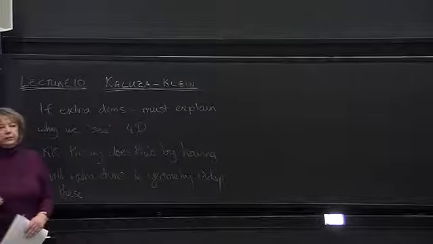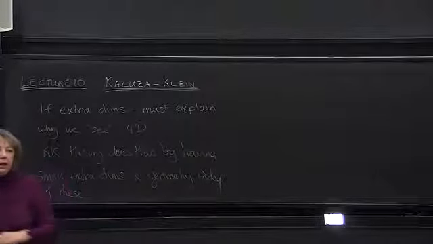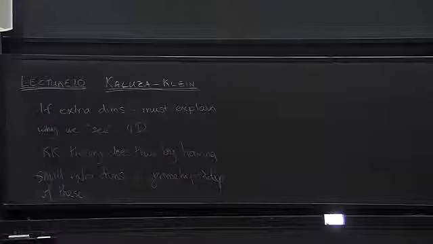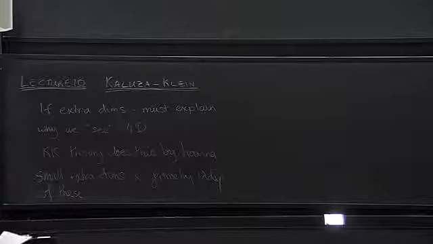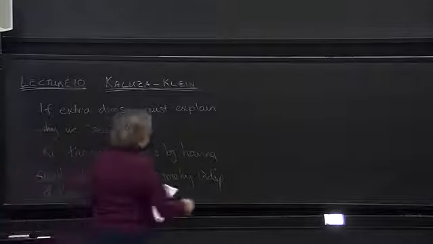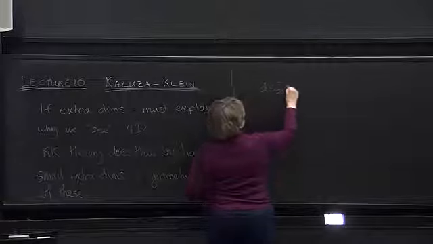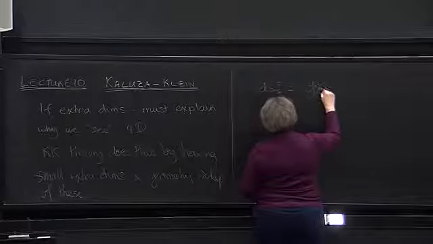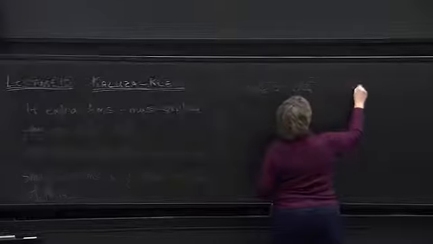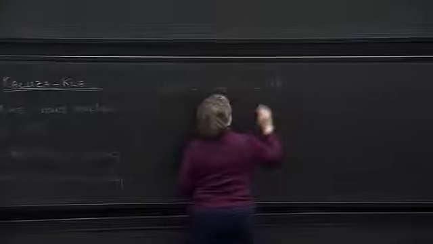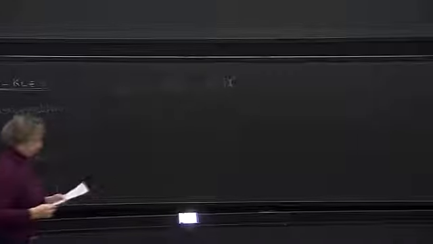So you can think of it as taking a gravitational solution and just adding translational degrees of freedom. That's really what Kaluza-Klein theory does. And so you have something that looks like this.